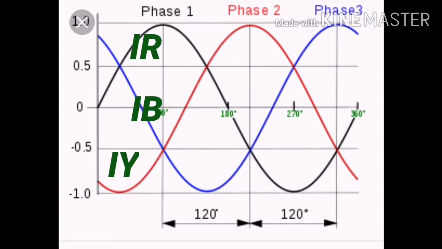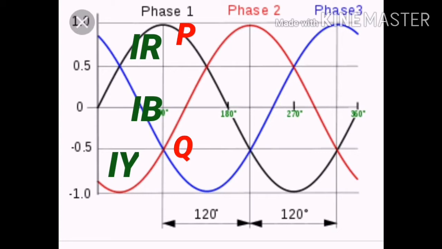Now you observe the diagram very carefully. You will find that the sum of the returned current is 0 at any instant. Let's say this one is the point P. Here IR is maximum and at point Q, IB and IY are 0.5 times the maximum current, but in the negative direction.